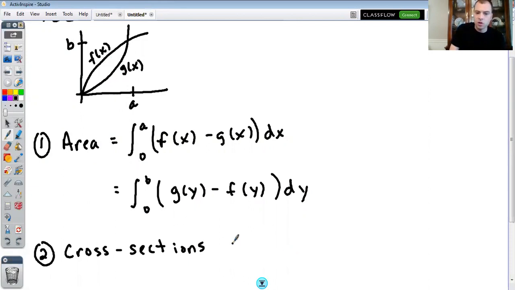You can do these perpendicular to the x-axis, so the integral is in terms of x, because the cross section is defined this way, and the thickness of each cross section is a change in x, so dx.